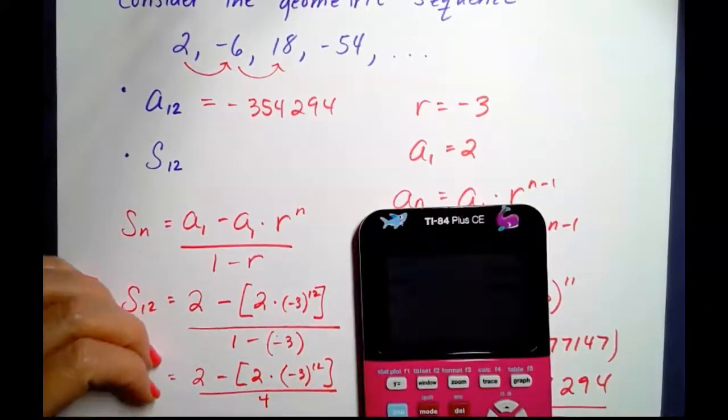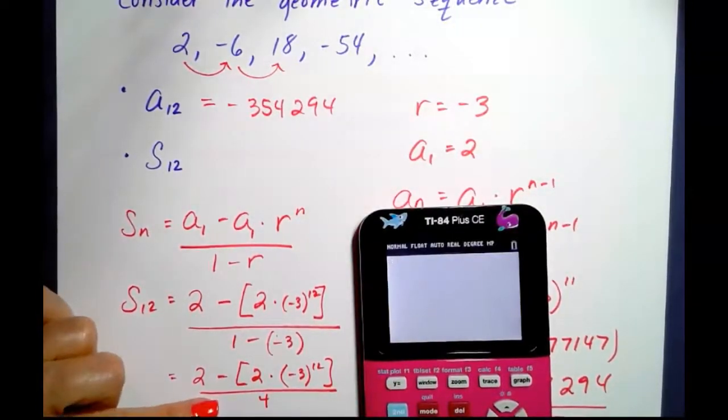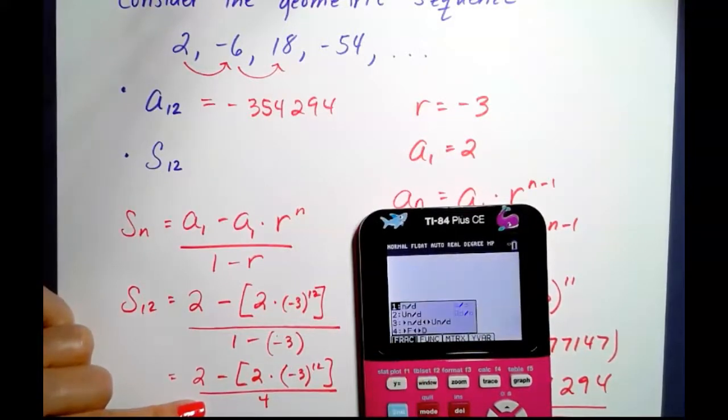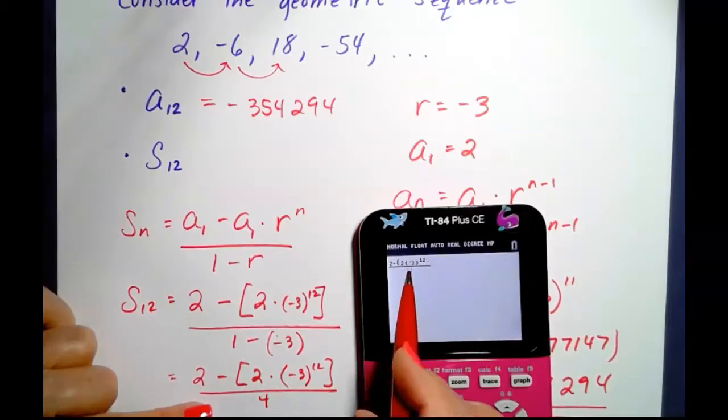I'm just going to go straight for the calculator since this is a messy number. So I'm going to press alpha F1 here, get a nice fraction set up. 2 minus parentheses 2 times -3 raised to the 12th power. Very important to use parentheses here because this is an even power.